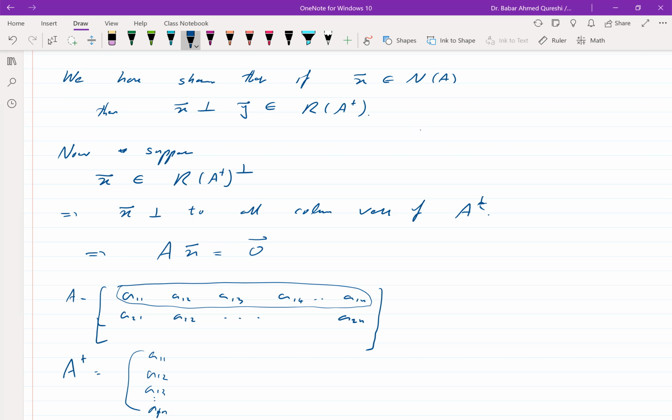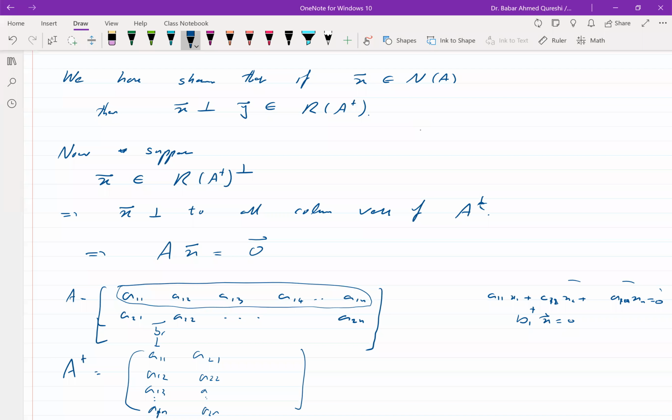And when I claim that A11 x1 plus A12 x2 up to A1n xn is 0, that is what means that the first column, let's call it B1, its scalar product with x is 0.